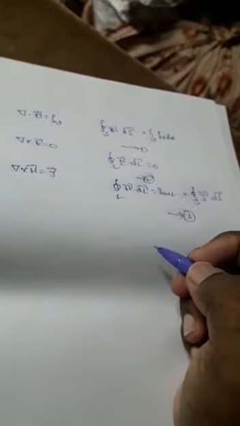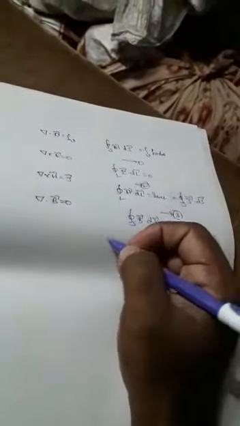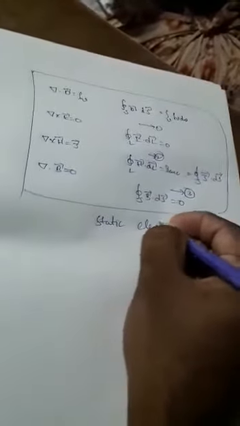Finally, divergence of B bar is equal to 0, and in integral form, closed surface integral of B bar dot dS bar is equal to 0. These are the Maxwell's equations in point form and integral form for static electromagnetic fields.